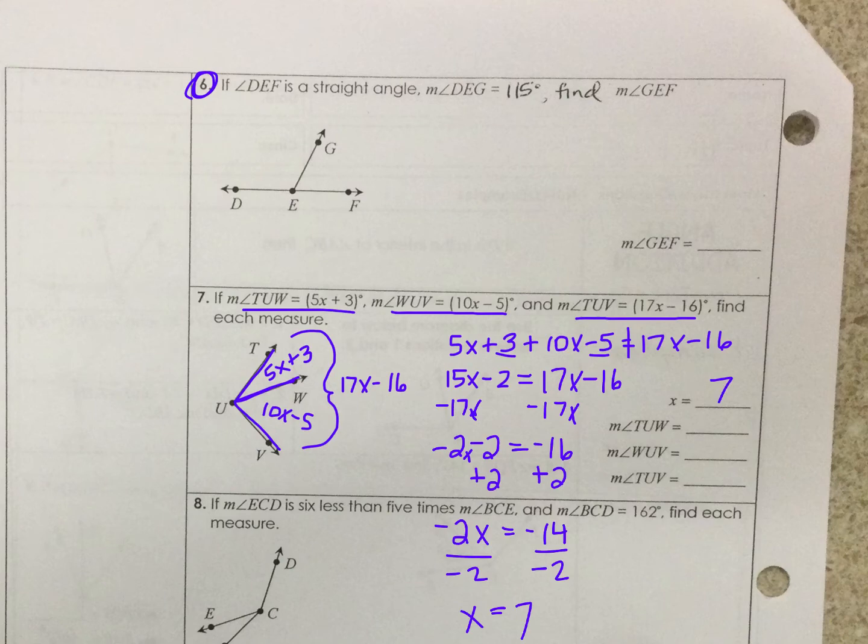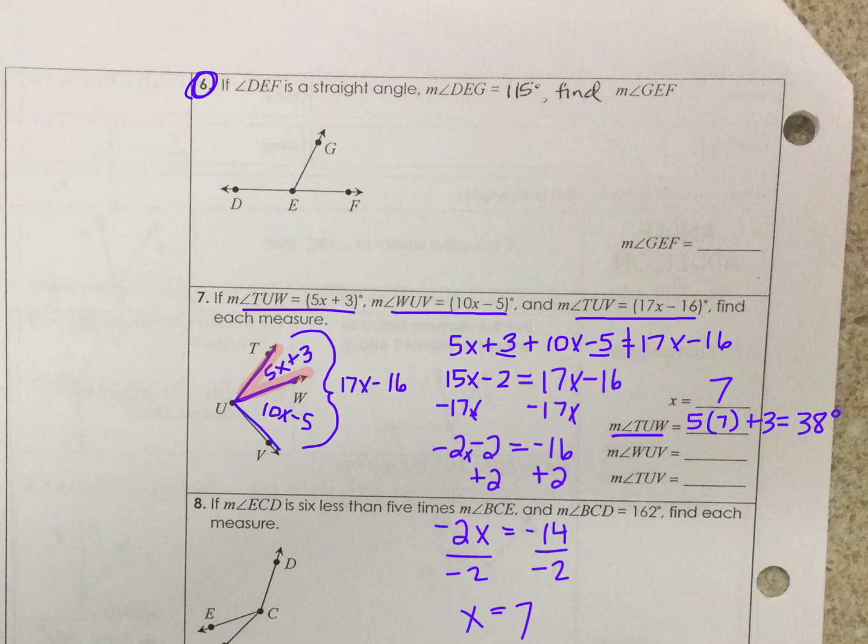Yay! Now, it wants to know how much TUW is. So this first angle right here. So all I'm going to do is say 5, instead of that x, I'm going to put a 7 because that's what x is, plus 3. That equals, when you put it in your calculator, 38.